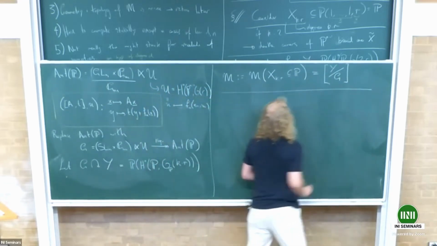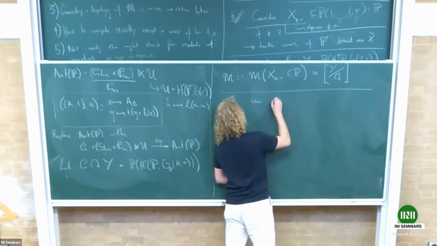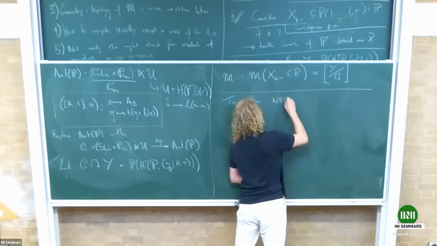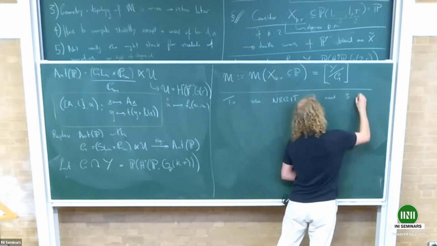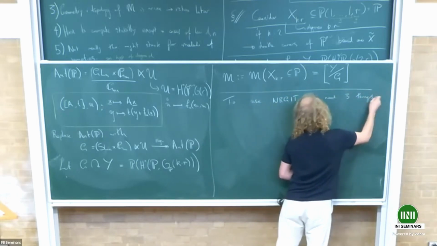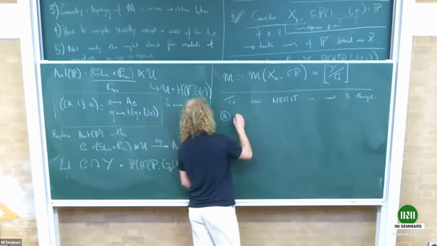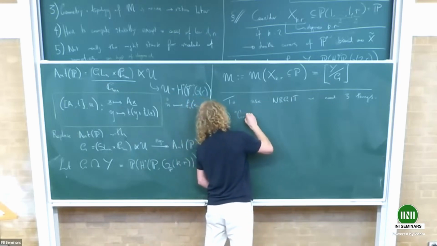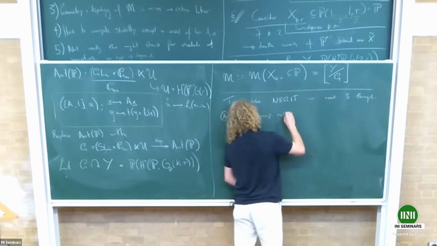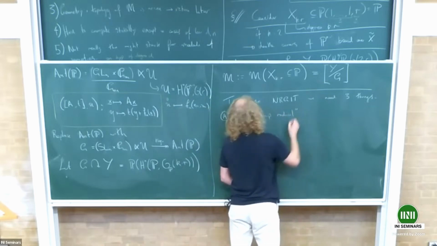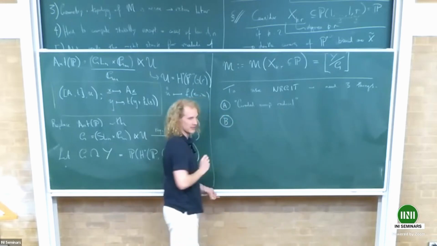Right. So now to do the same, we need to use this non-reductive GIT. We need three things. First thing we need is a graded unipotent radical. I'm going to go through what each of these means as I prove it for this specific case.